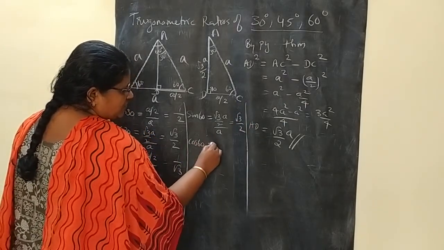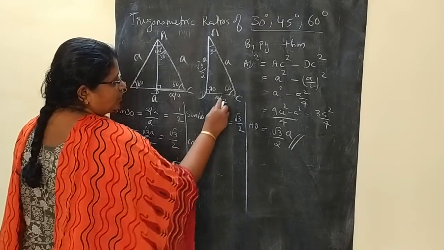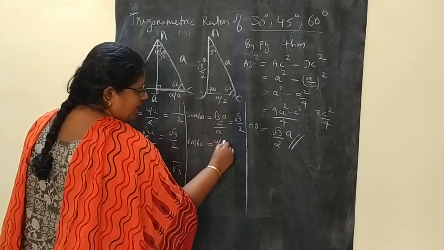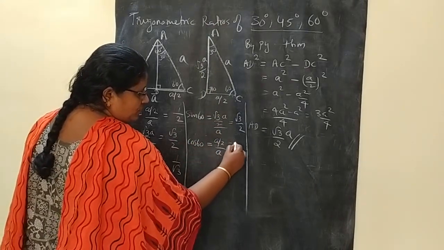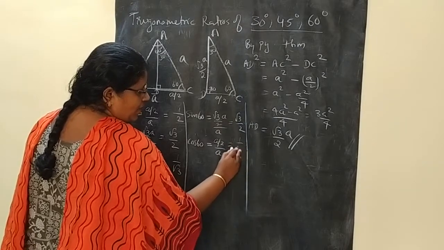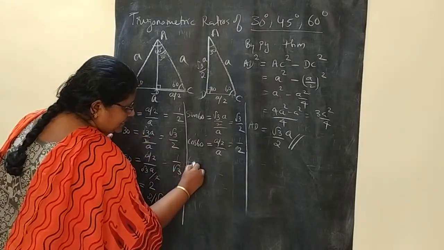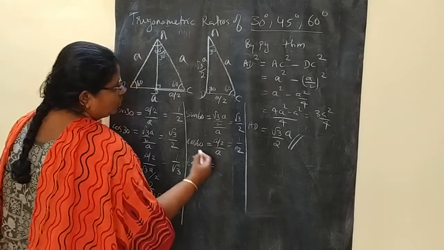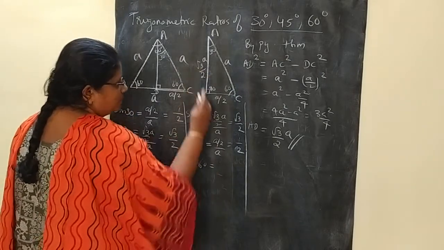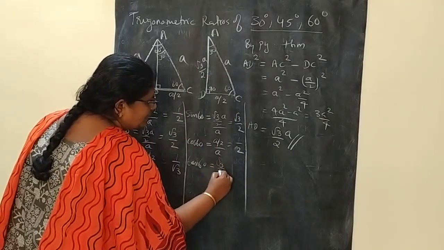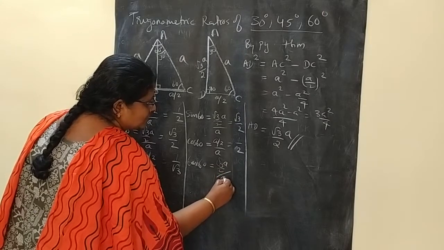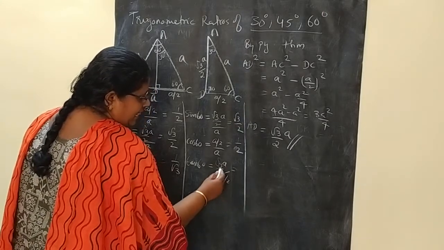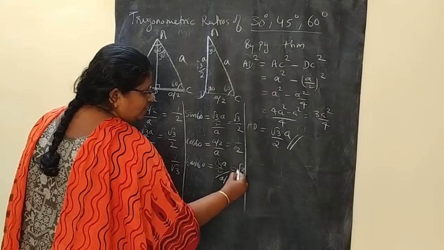Cos 60 is equal to adjacent by hypotenuse. Adjacent is a by 2, divided by hypotenuse a, so it is 1 by 2. Then tan 60 is equal to opposite by adjacent. Opposite is root 3 by 2 a, adjacent is a by 2. a cancels, 2 cancels, we get root 3.